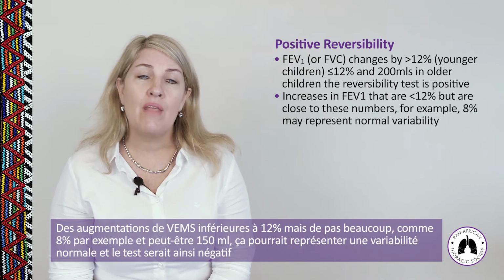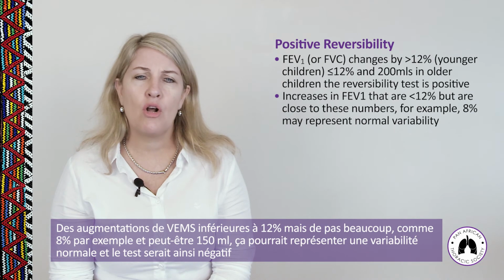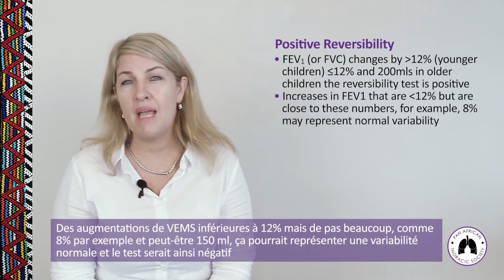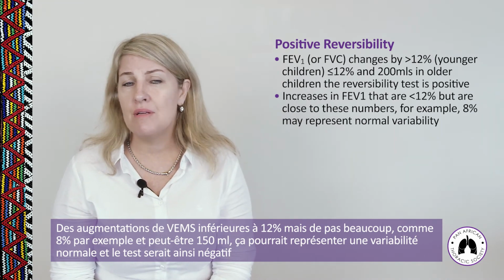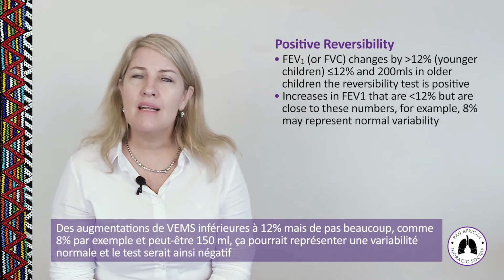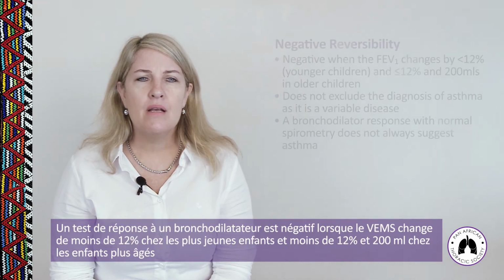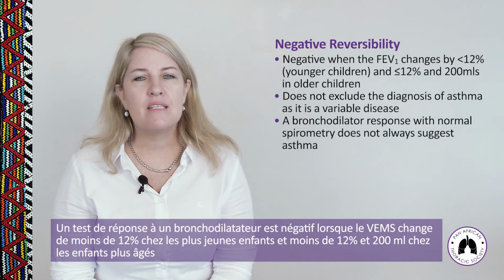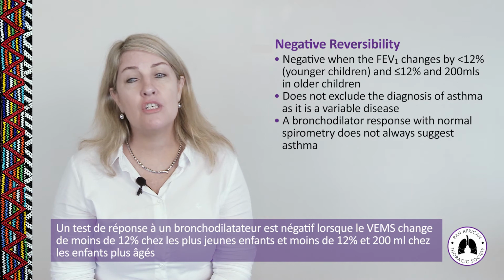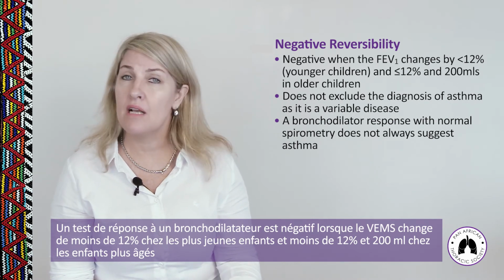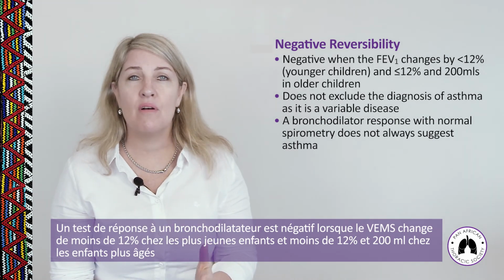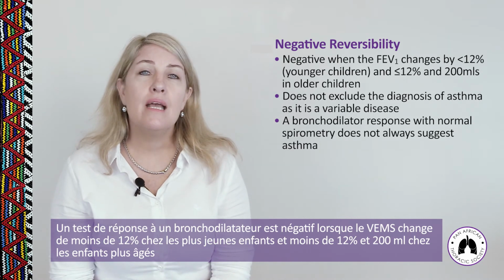Increases in FEV1 that are below 12% but are close to these numbers, for example, maybe 8% and 150 mils or something like that, that can represent normal variability and the test would then be negative. A bronchodilator responsiveness test is negative when the FEV1 changes by less than 12% in younger children and less than 12% and 200 mils in older children.